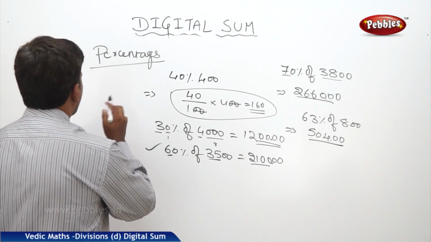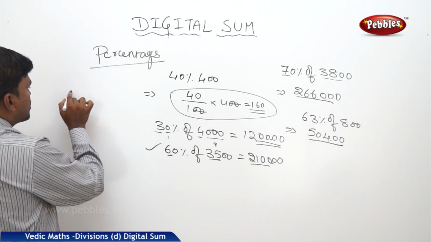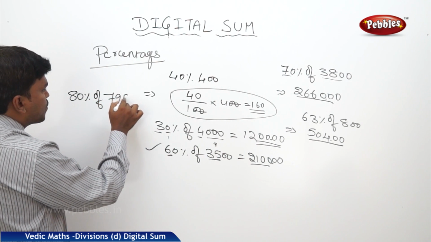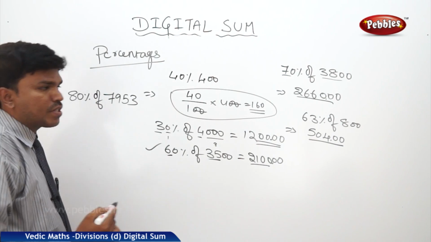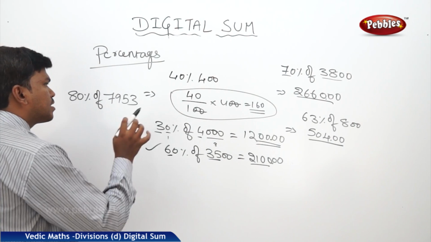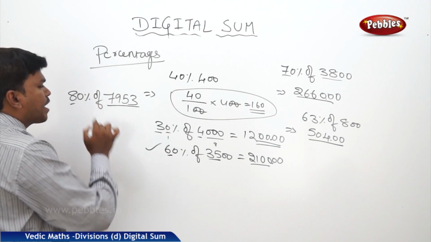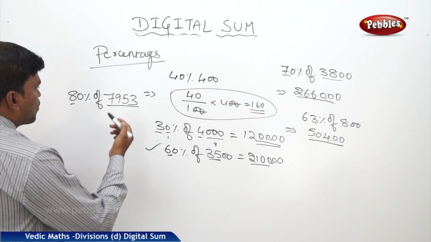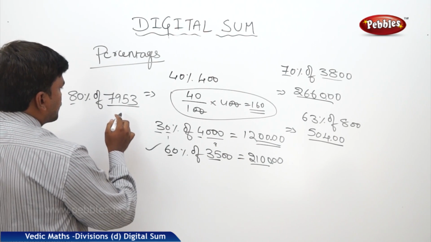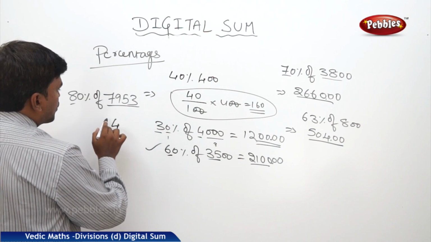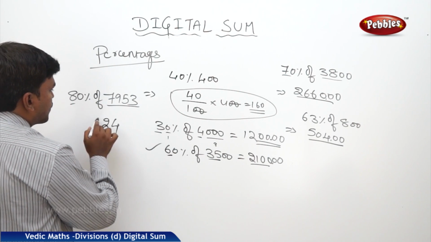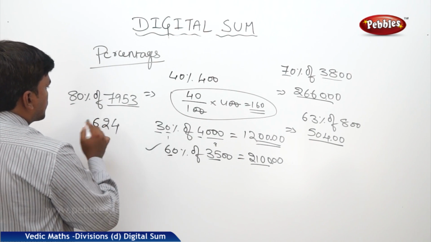And one more example. Suppose I need 80% of 7953. How will you do this one? Even this time I will suggest the same thing. Multiply the entire number with 8. So you can directly go. 24, 40, 42, 72 plus 4, 76, 56 plus 7, 63.